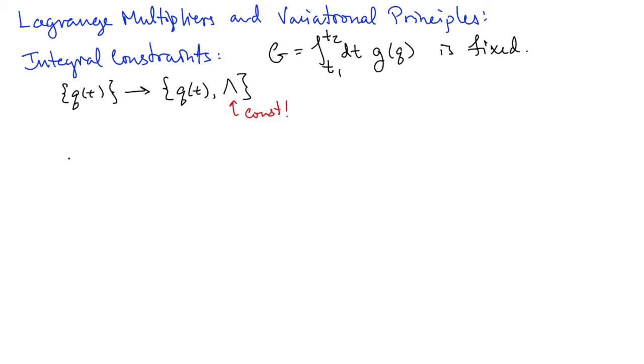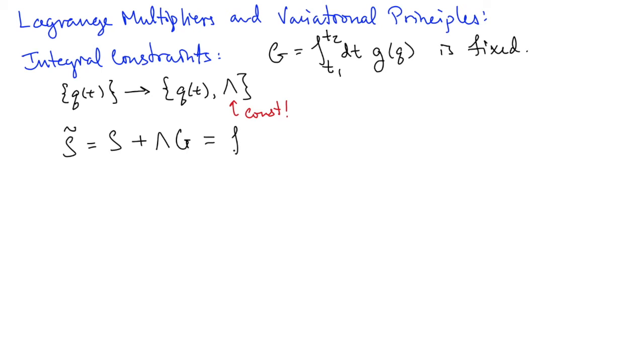So the strategy is going to be identical to what we did in that last version of the Lagrange multipliers. We're going to define a new integral quantity, s tilde, a new functional, which is our original functional plus our Lagrange multiplier times g.